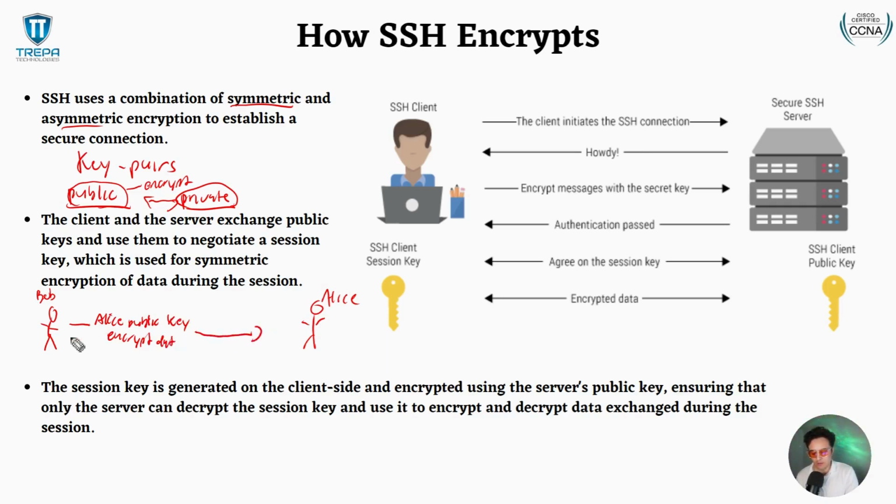Whenever Bob is sending an email, text message, whatever the case may be, when Alice receives that message from Bob, she is going to decrypt it using her private key. So you can see how those key pairs work in conjunction. You use the recipient's public key to encrypt, and then the recipient uses its private key to decrypt.